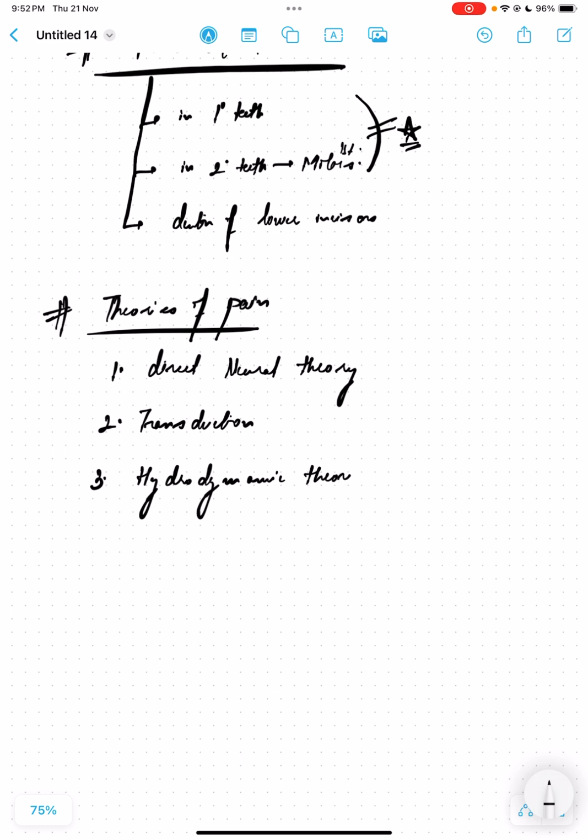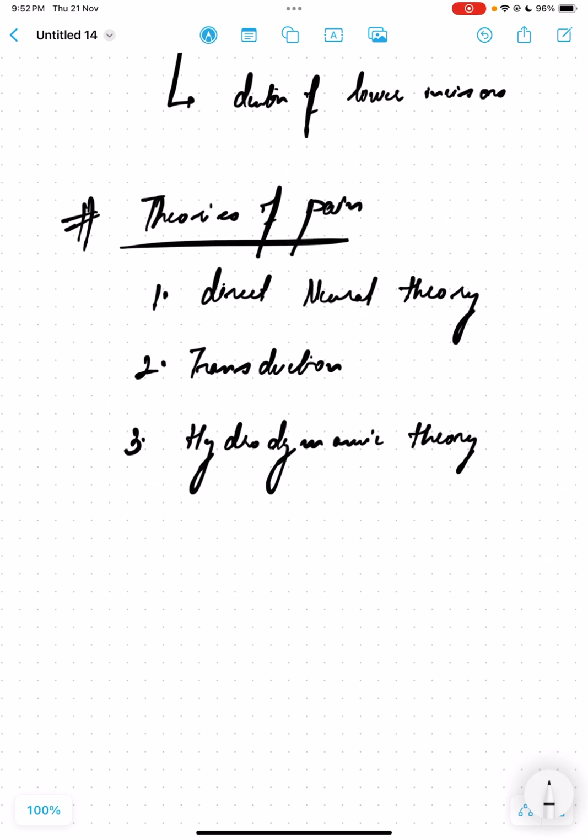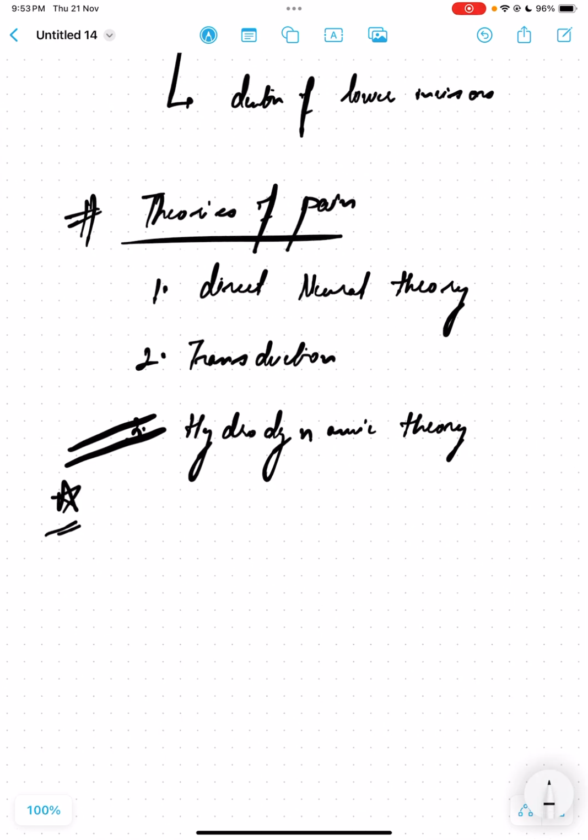What you have to remember about the three theories is that the most commonly followed theory is our hydrodynamic theory.